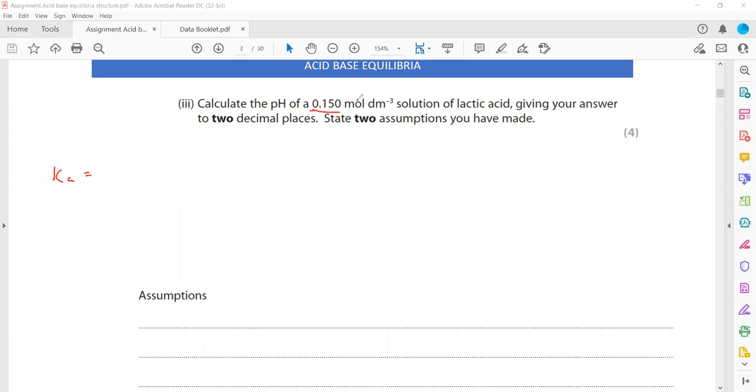We need the pH, and the concentration of lactic acid is 0.15. So what is our assumption here?